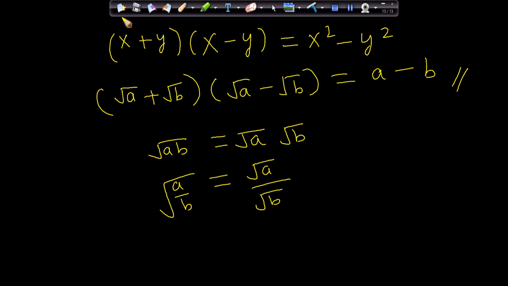So next thing is, one type of question which you can get in your exam is: rationalize this number, 1 by (2 plus root 3). You have to rationalize this. So how do you rationalize this?